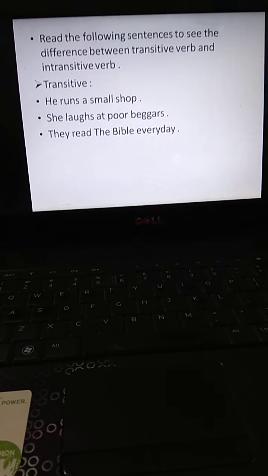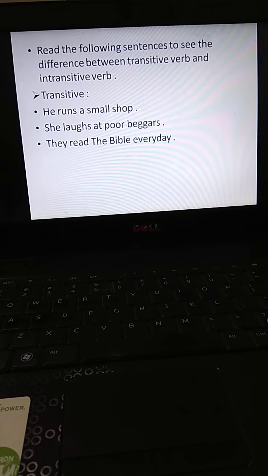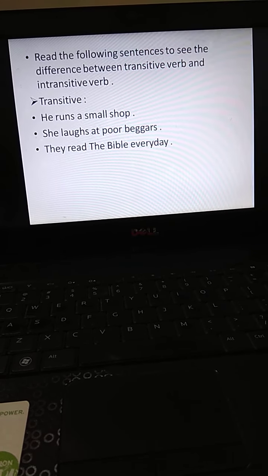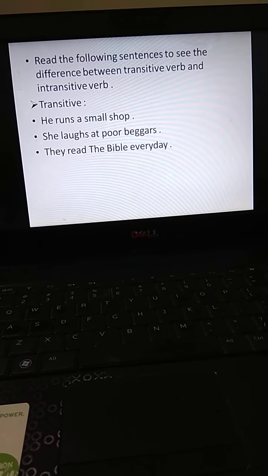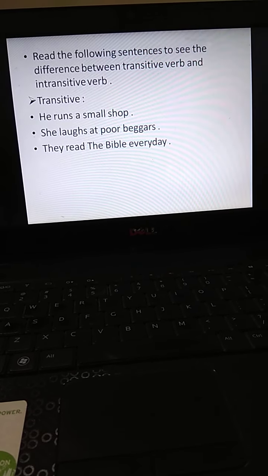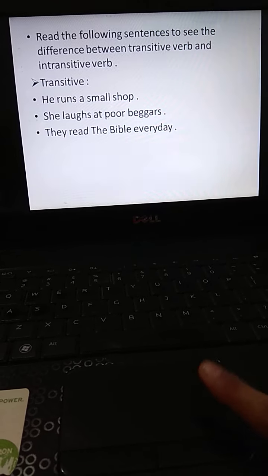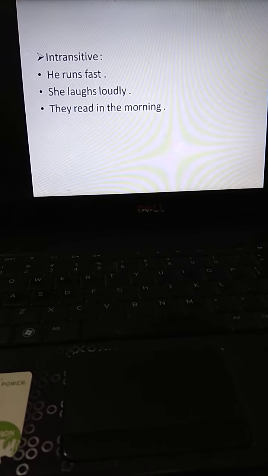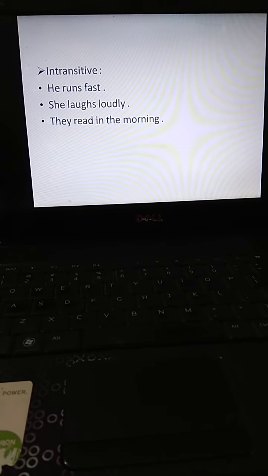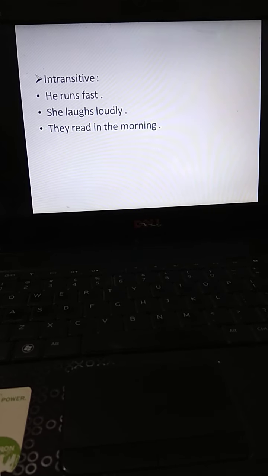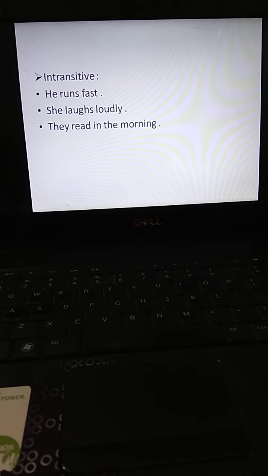Such verbs that require objects to make complete sense are called transitive. Intransitive: he runs fast, she laughs loudly, they read in the morning. In such sentences where the verb does not have any objects, the verbs are said to be intransitive.